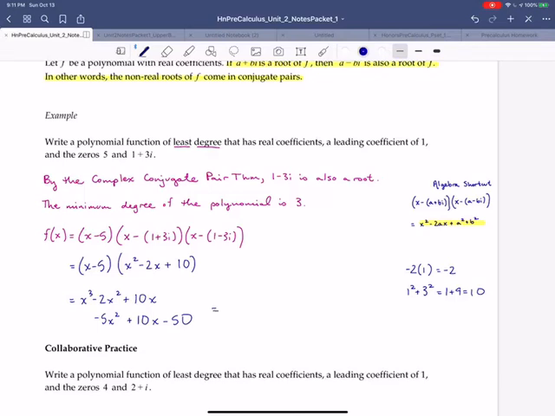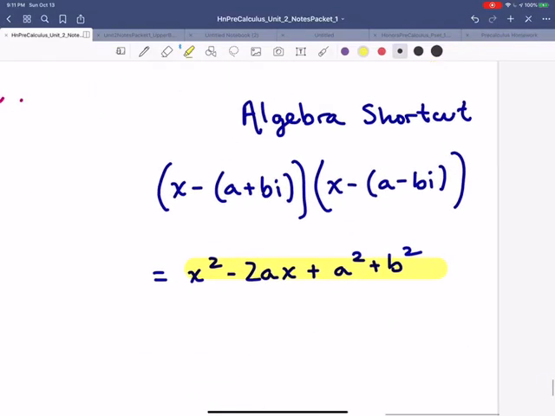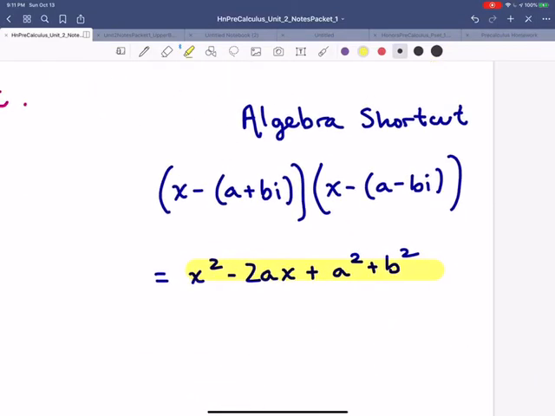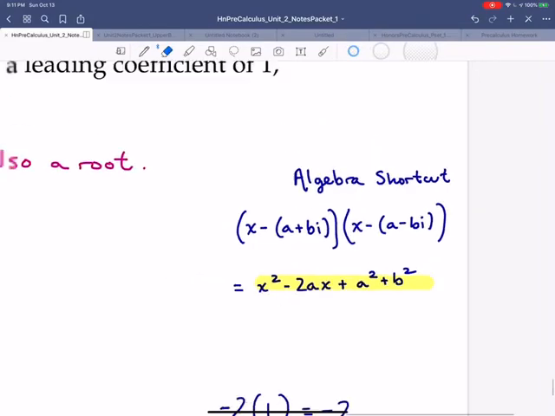That combines to x cubed minus 7x squared plus 20x minus 50. So you can see that it saves us a lot of time if we use this algebra shortcut. Just remember to identify what real number is a and what real number is b, and you can use this little formula.